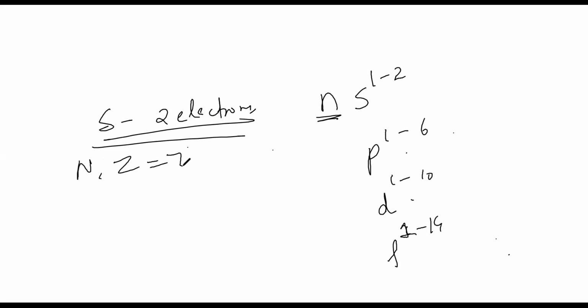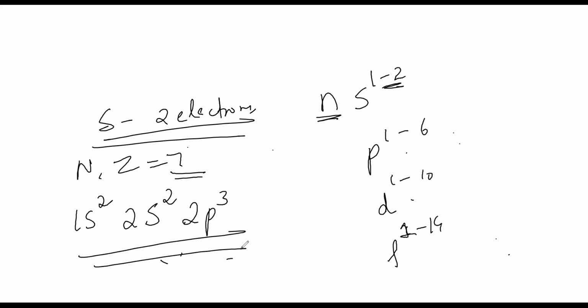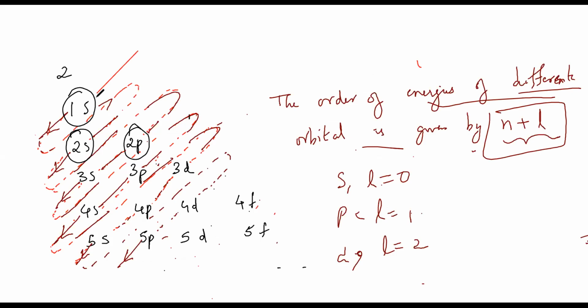What is the electronic configuration? 7 electrons are there, no? So 1s, how much can it hold here? 2. After 1s, what is coming? 2s, 2. Then 2p, 3. How am I getting this? By using the Aufbau principle, the first page thing. 1s should come first, 2 electrons it can hold. 2s it can hold, then 2p.